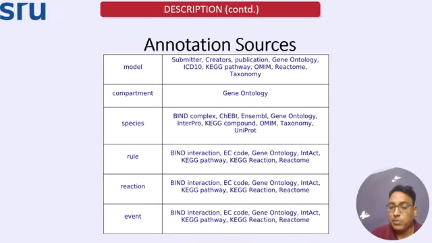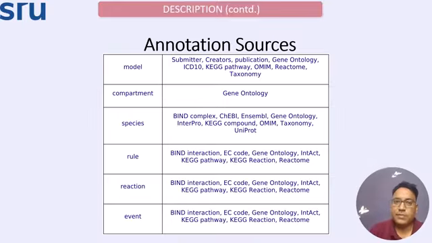The compartment part: gene ontology only allows you to analyze different compartments in which the protein or gene is functioning. The species part: bind complex, ChEBI, Ensembl data, gene ontology, and like this. All of them allow you to do many different things. The rule, reaction, event.